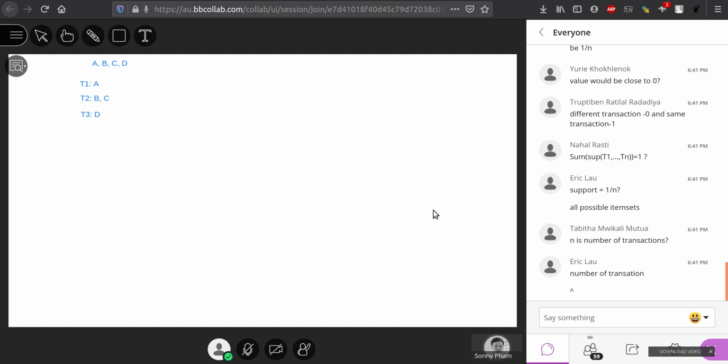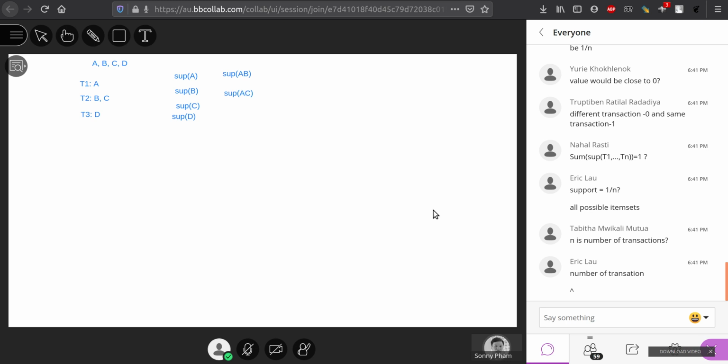So the question says, can you comment on the values of the support? For example, the support of A is one possibility. What about the support of B? Another possibility. The support of C, and the support of D. The next one is the support of AB, which is 2 items, and support of AC, and so on.